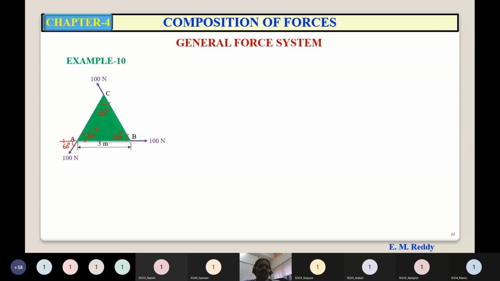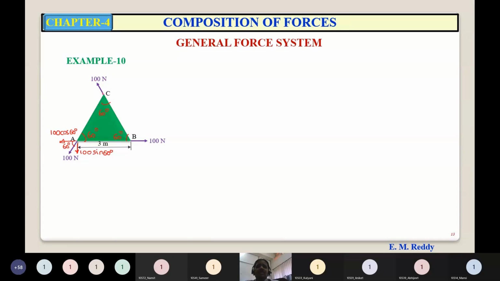So the X component of this 100 Newton acting at A will be 100 cos 60. The Y component, which is downwards, is 100 sin 60. And this 100 is acting horizontally at B.